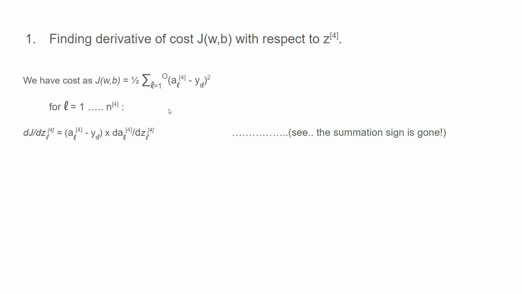We can notice here that this summation is removed. This is because for a particular lth z there will be only the lth output which will be significant. All the other outputs do not involve the lth z. Therefore, they are going to be equal to 0.